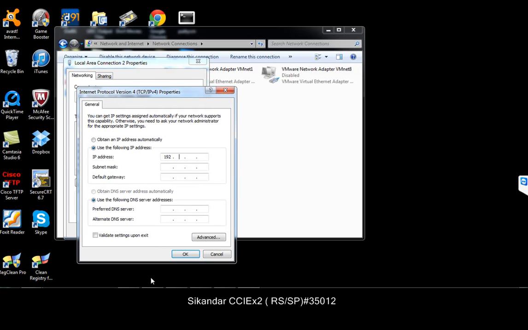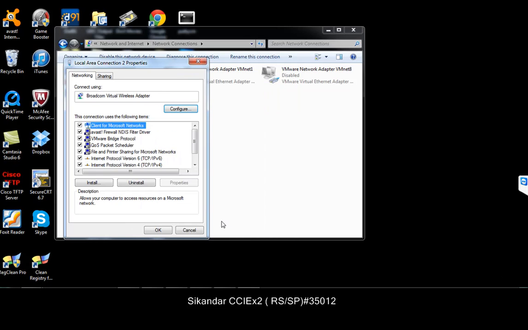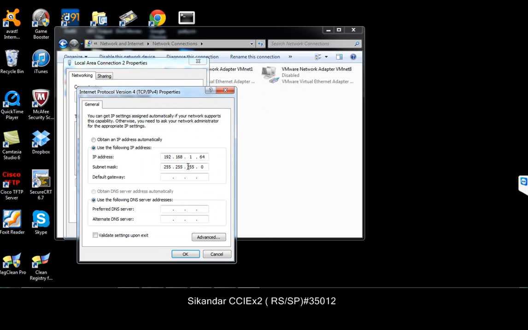And if you remember, we already did this in basic IP addressing, where every device must be given an IP address. Like if I'm giving the IP address with 64 and the default subnet mask, I'm going to use the default subnet mask, and if I click OK, the device accepts the IP address as per the default subnet mask.